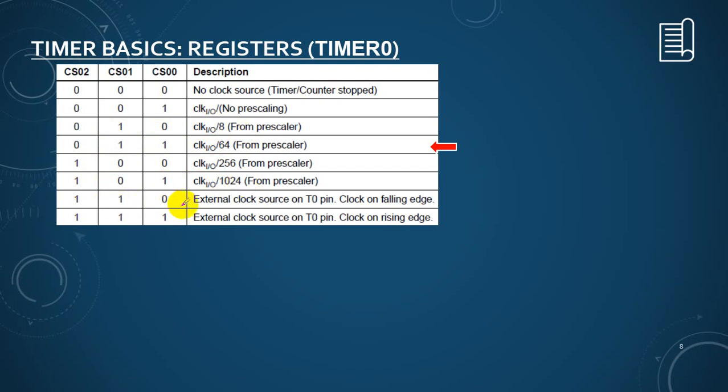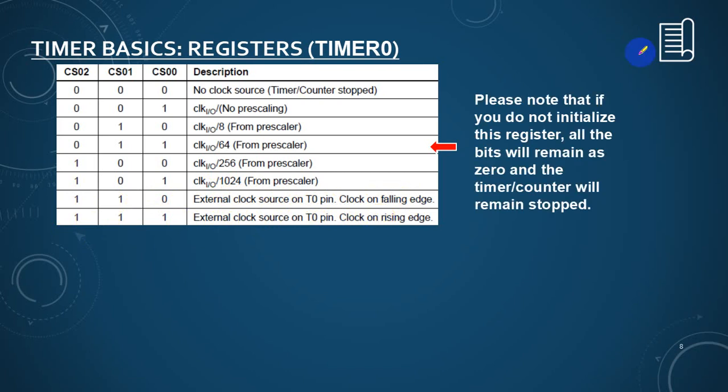If it is 110, you can use an external clock source on the T0 pin, clocking on the falling edge. If the sequence is 111, then external clock source on the T0 pin, clocking on the rising edge. Very good question. Look at this: let's say this is the clock.